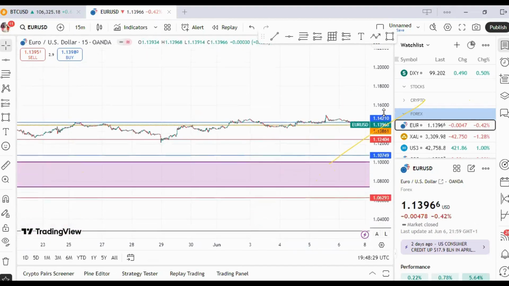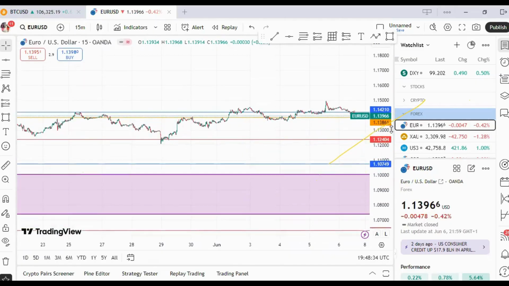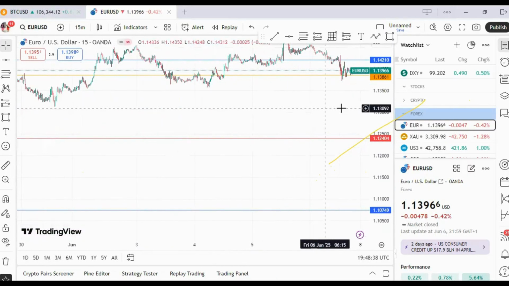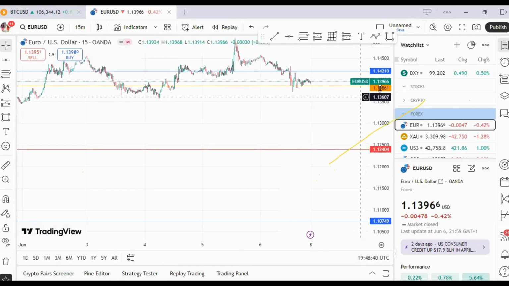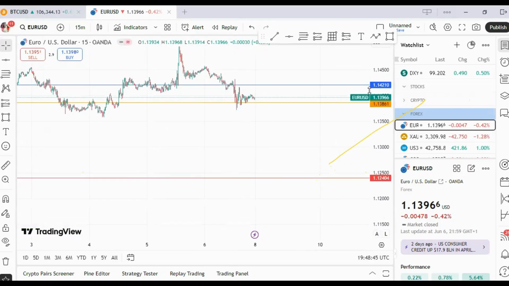Let me shrink it so that you guys will see the whole markup. This is our markup now for top-down analysis and support and resistance. Now, guys, remember your support is your floor, your resistance is your roof.